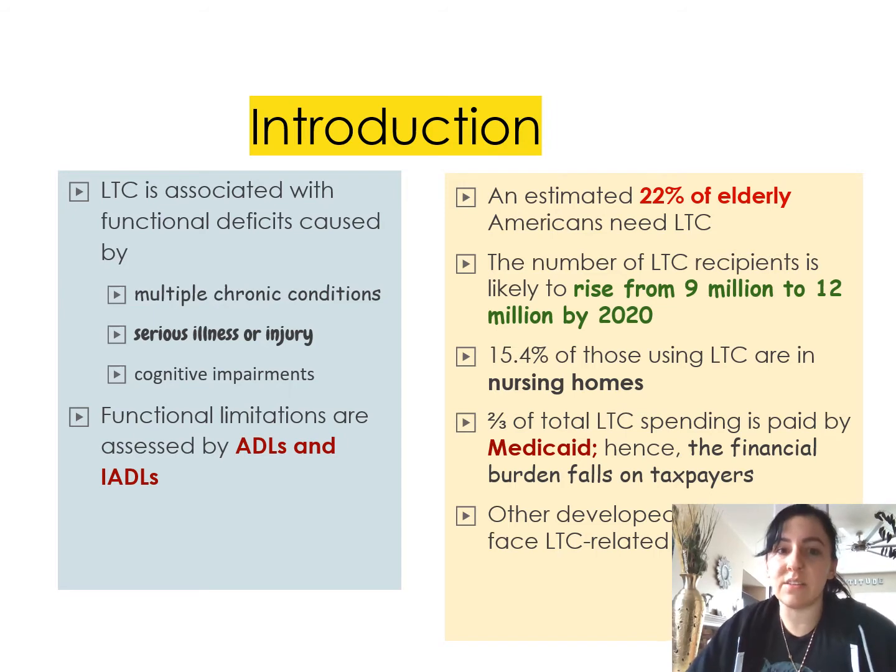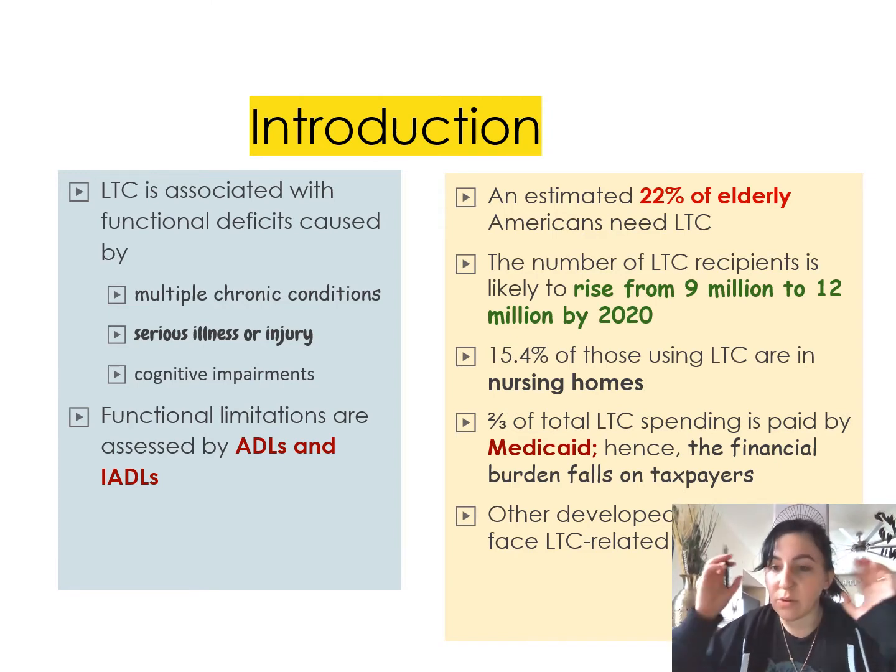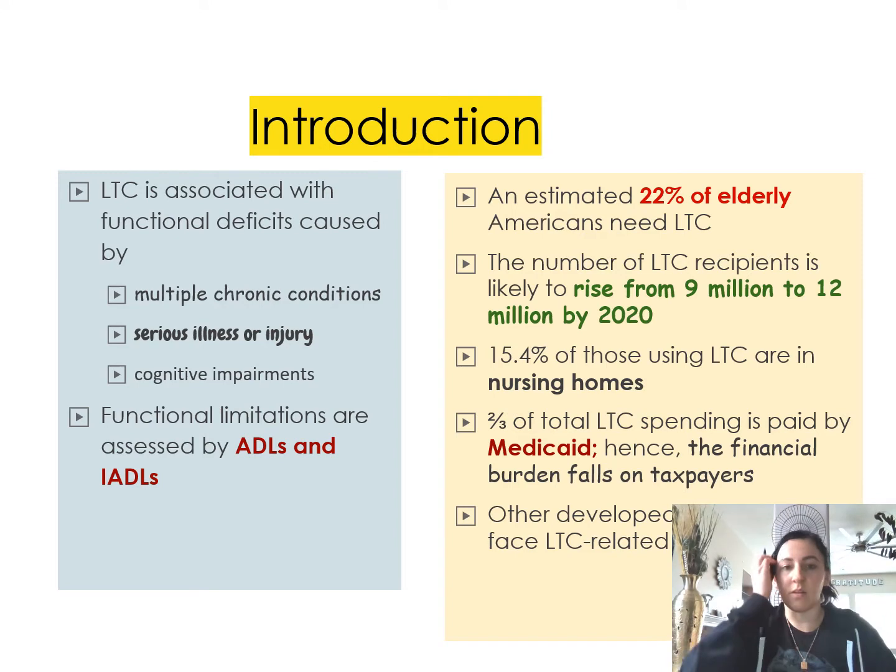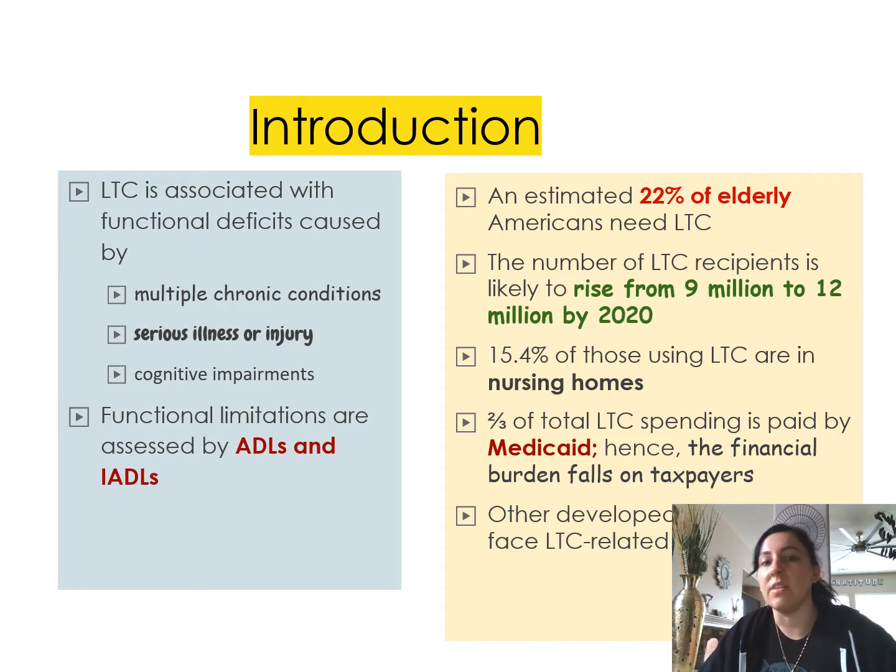Long-term care is associated with functional deficits that can be caused by multiple chronic conditions, serious illness or injury, and also cognitive impairments. So it's not necessarily just getting old and having all these chronic conditions.